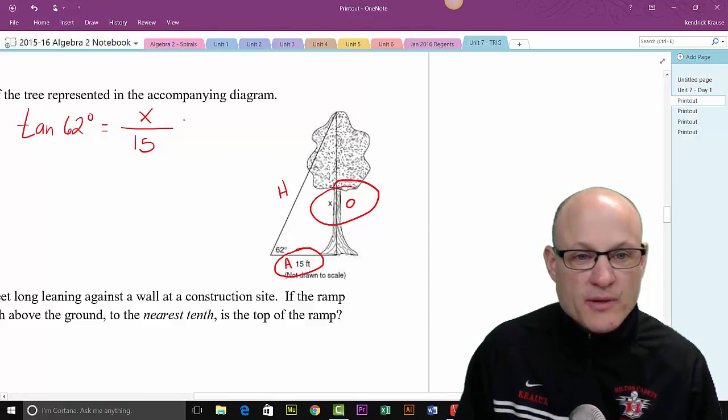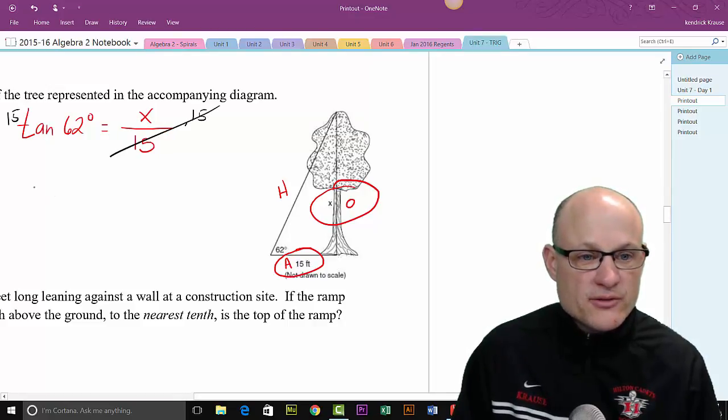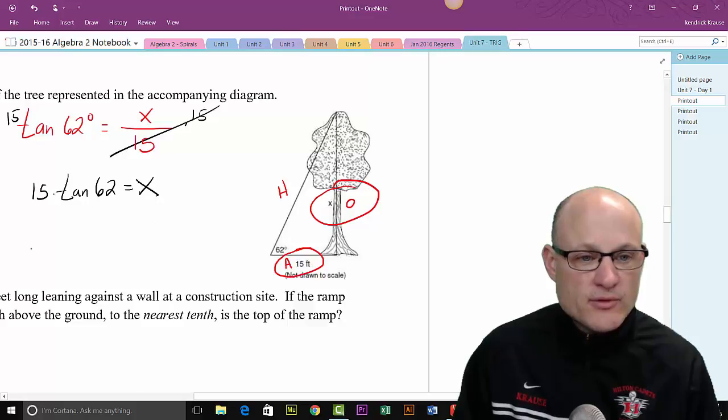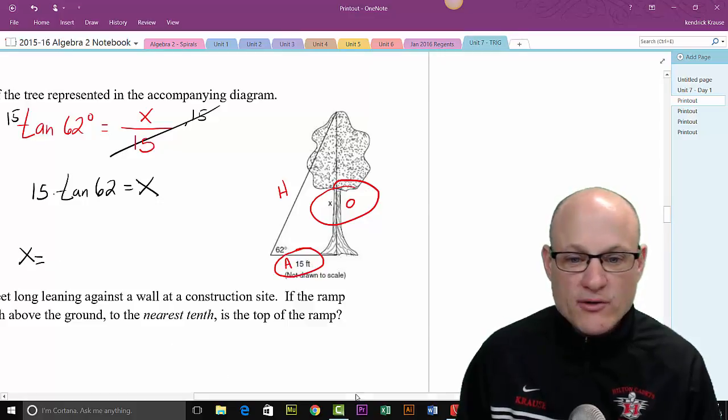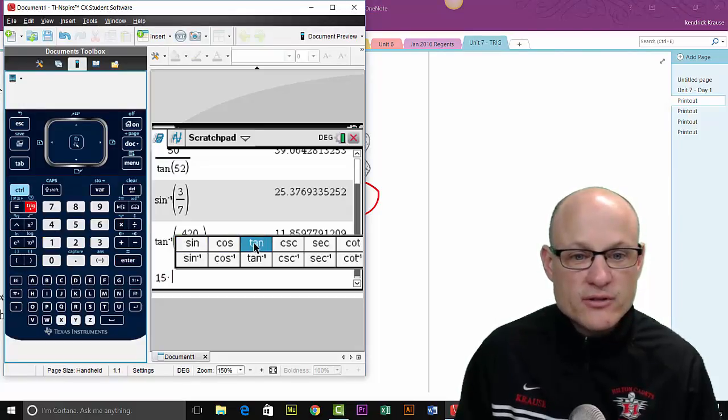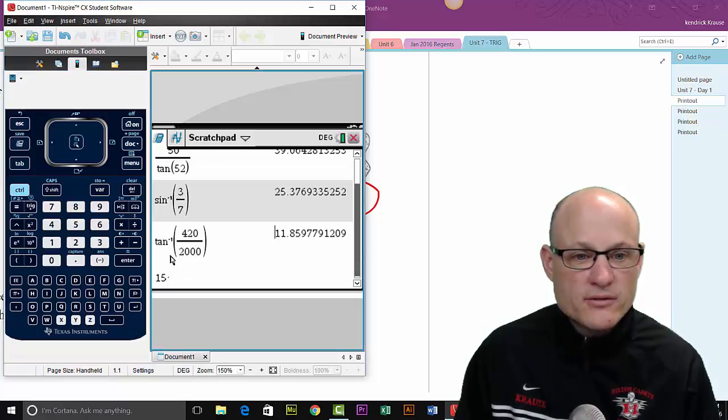I'll multiply both sides by 15. Those cancel, and I get 15 times tangent 62 is equal to x. Then I'm just going to write x equals whatever my calculator says. 15 times tangent of 62.